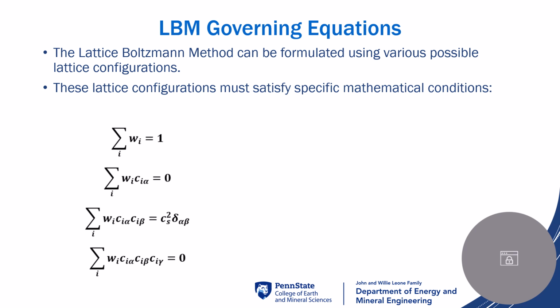For example, the second moment condition ensures that the model captures isotropic pressure through a relationship involving the lattice speed of sound, Cs, and the Kronecker delta. These symmetries are what allow the microscopic rules of LBM to yield accurate macroscopic fluid dynamics.